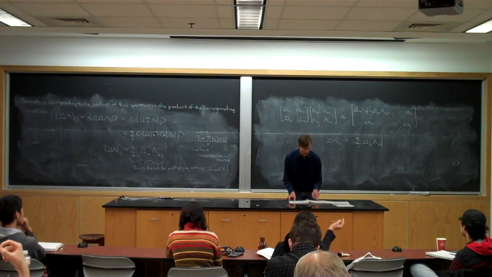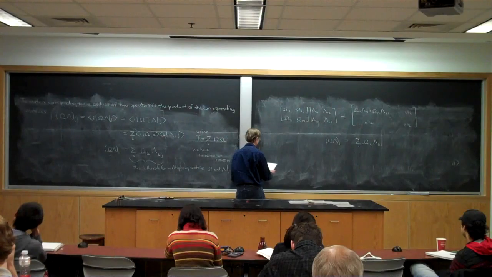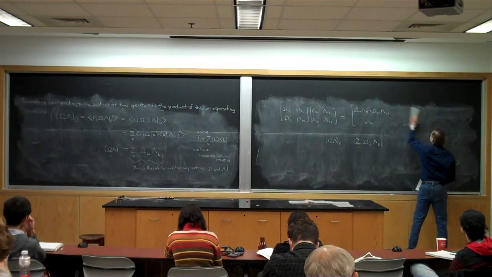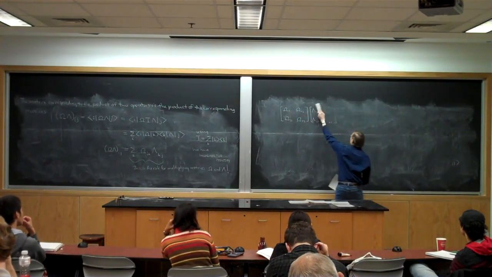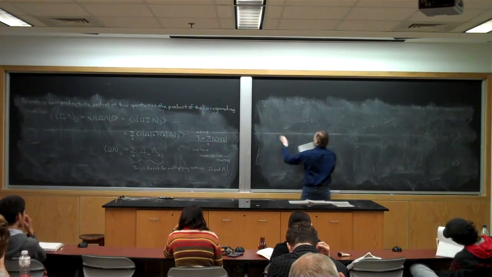So that's convenient. Products of matrices are the matrices that represent products of operators. Yay. Now let's talk about the adjoint of an operator. We found the adjoint of bras and kets. Let's talk about the adjoint of an operator.